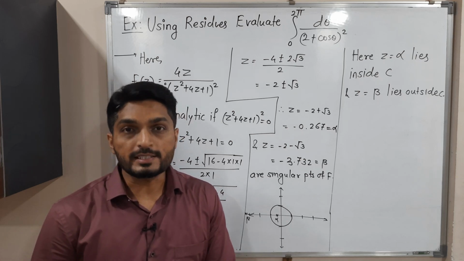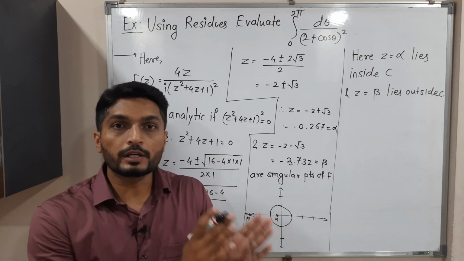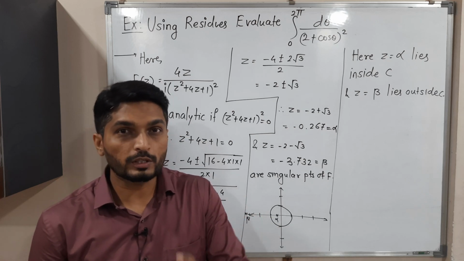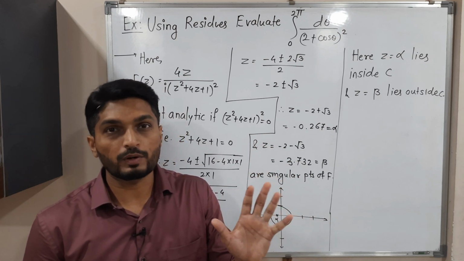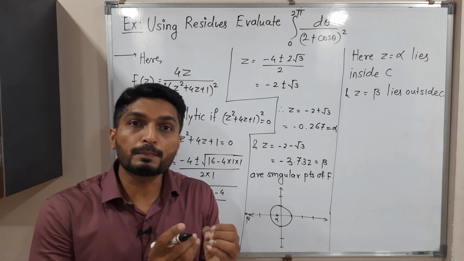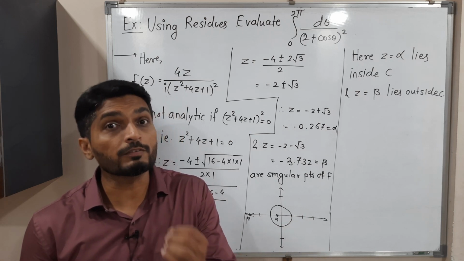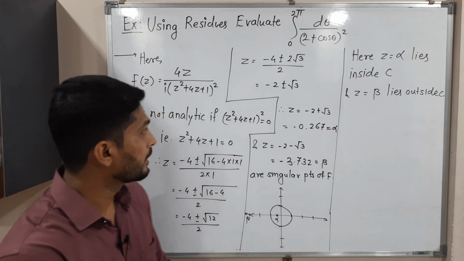But see, how to find residue, we try to avoid using the definition to calculate residue. The definition involves Laurent series expansion. It is a hectic task to find the residue with the help of the definition. But see, we have a very simple formula to calculate residue if it is a pole. If the singularity is a pole, we can use those formulae.